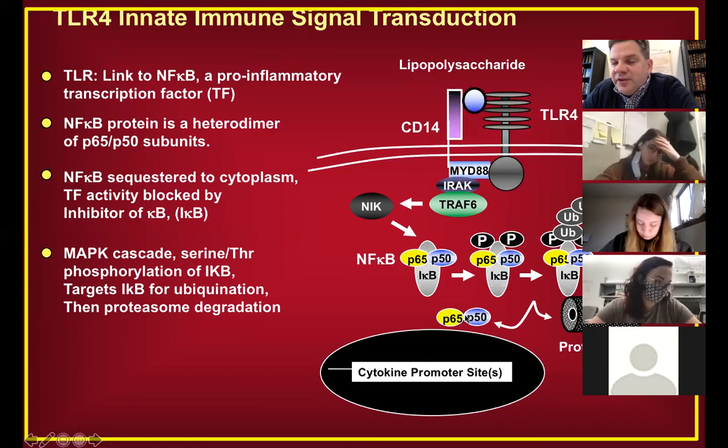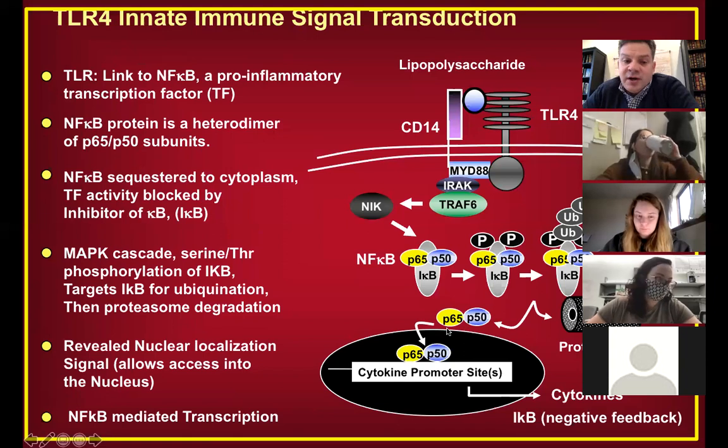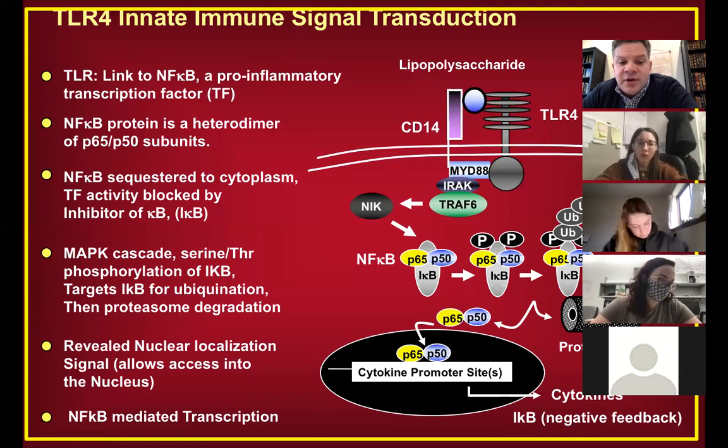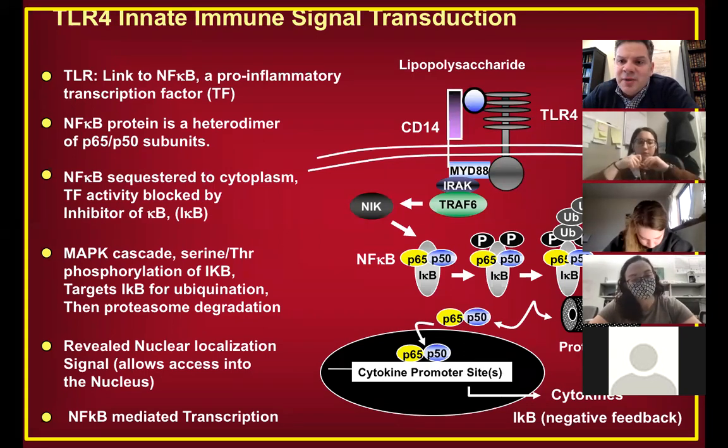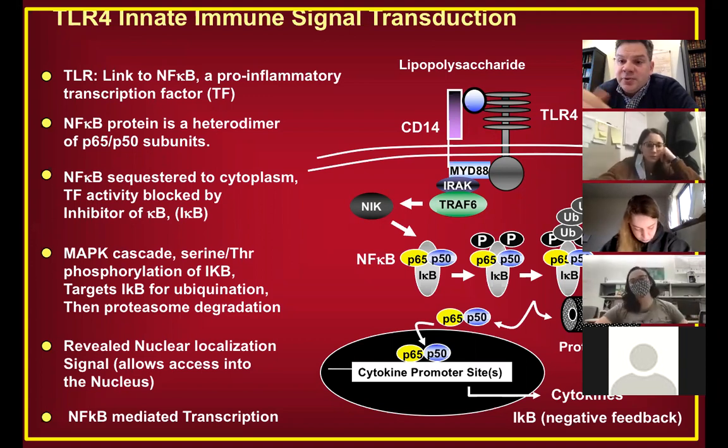Now it reveals that nuclear localization signal, and now it can go into the nucleus. When it goes in the nucleus, it drives a ton of cytokines. So it drives things like IL-6, IL-1, IL-10, and that's that very quick inflammatory response. These inflammatory cytokines can come up within minutes from the actual RNA to being translated to protein and processed within minutes of a toll activation.